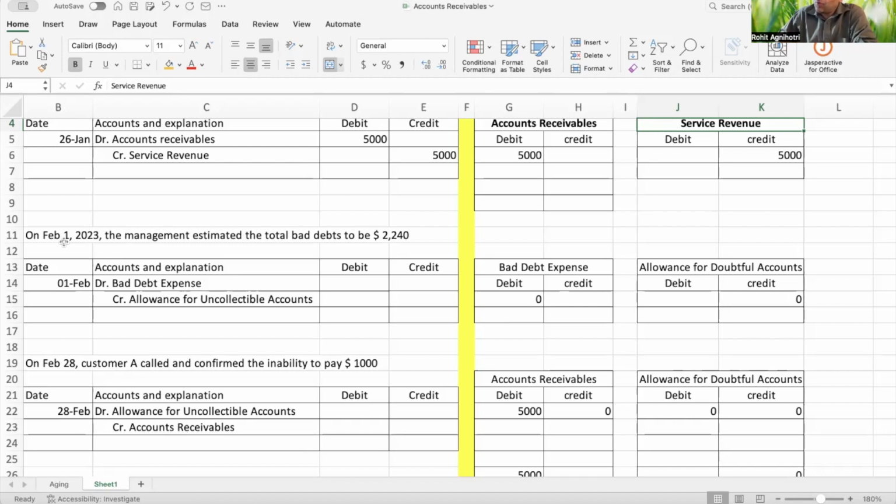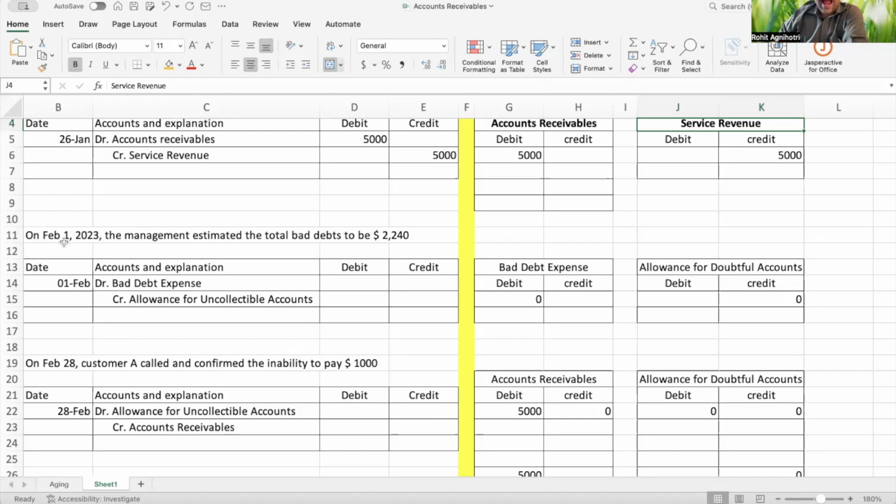Why do you report it as an expense? The reason is because it is a cost of providing credit. If you did not provide credit and you were just doing a cash business, then this would not have happened. You would have received the cash payment. But because you are providing credit, there is a cost. One of the costs is the risk of not being paid.